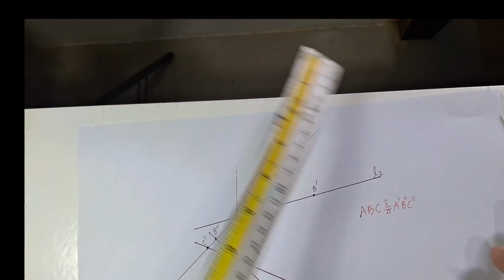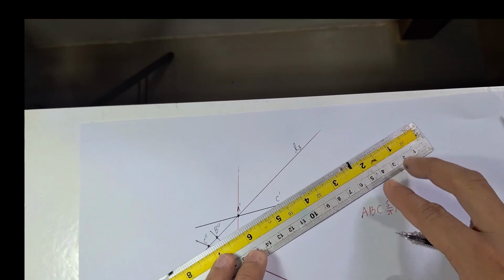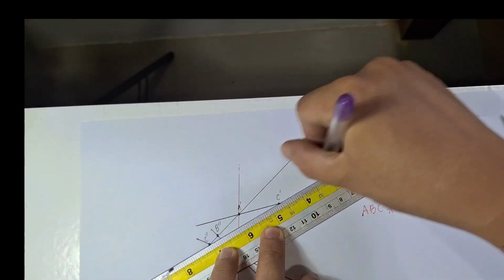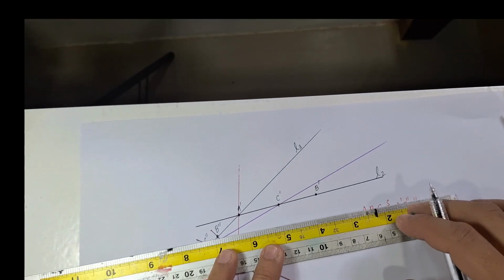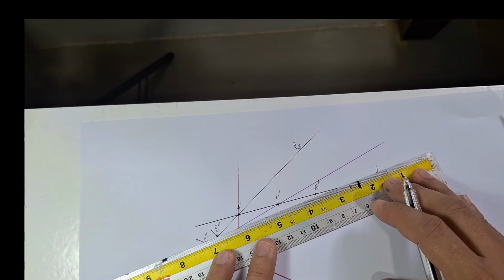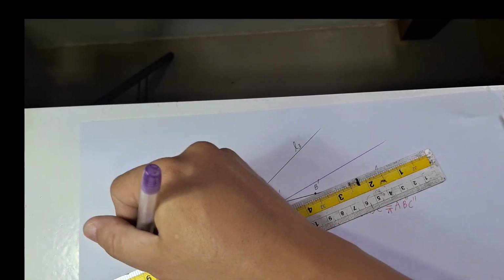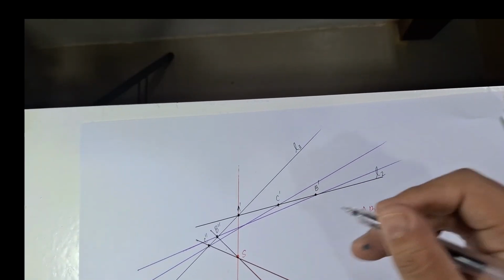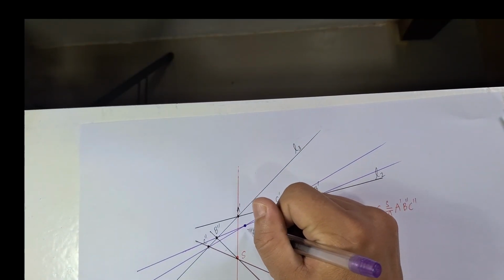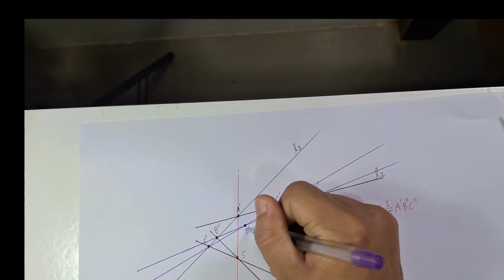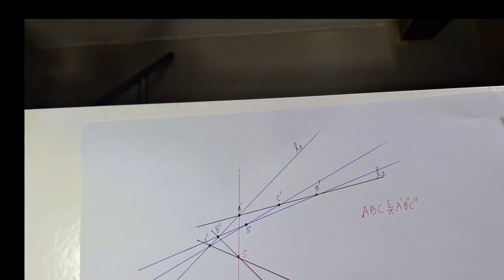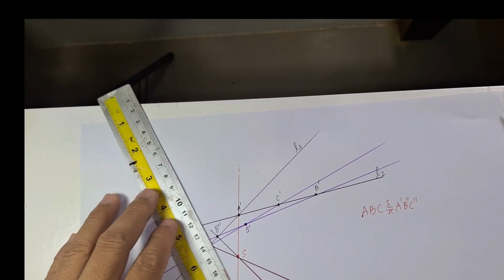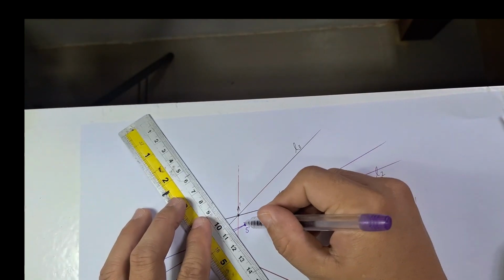So if we connect C prime and C double prime and B prime and B double prime, they're going to be perspective. We will have the intersection as our center of perspectivity for the second perspectivity. And then, of course, A prime and A double prime will just be the same.